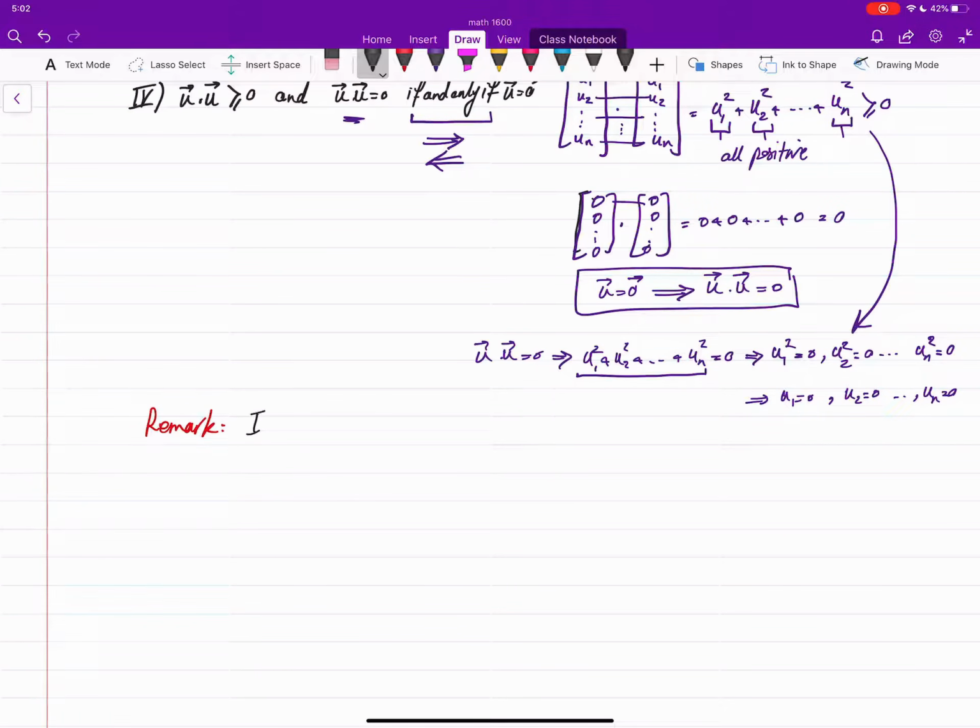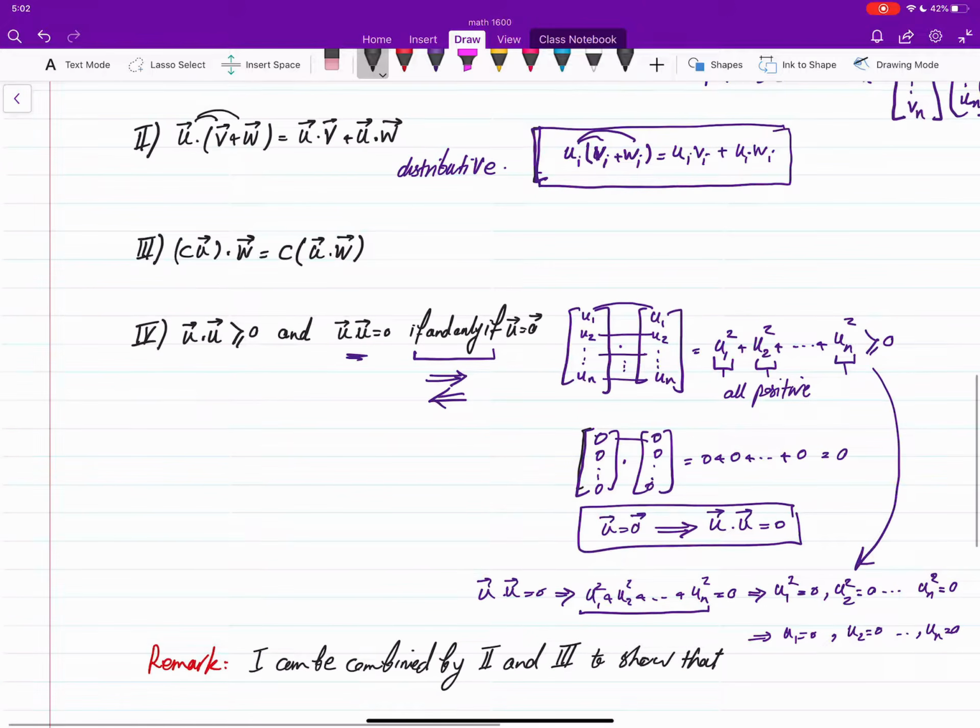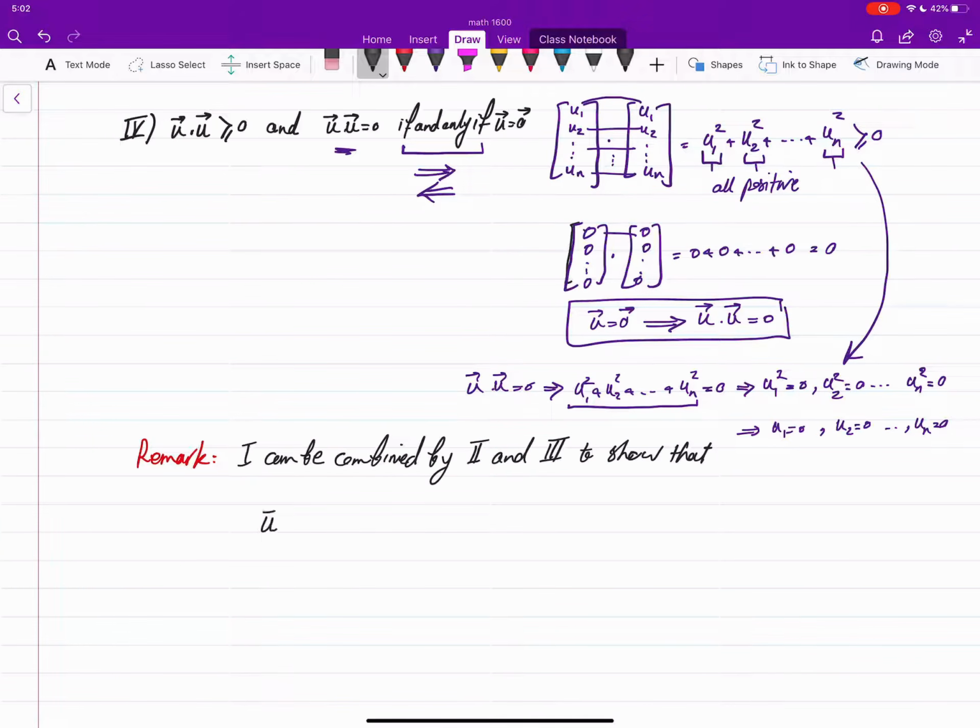So 1 can be combined with 2 and 3 to show that, well, 2 says that from the right hand side, dot product expands on, or distributes over, the vector addition.